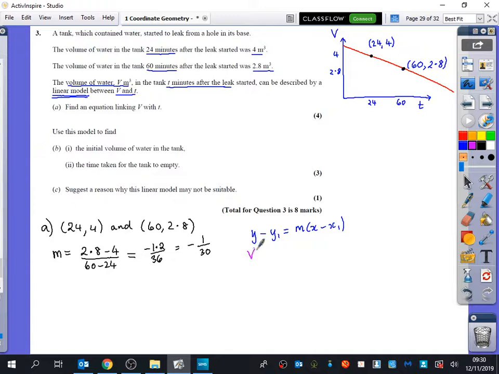It will be v minus v1 equals m brackets t minus t1. And then we can dive straight in with what the equation is going to look like. We can either use this coordinate or this coordinate. I'm probably going to use this one, and I'm going to call that t1, v1. So I get v minus 4 equals minus 1 over 30 (t minus 24).